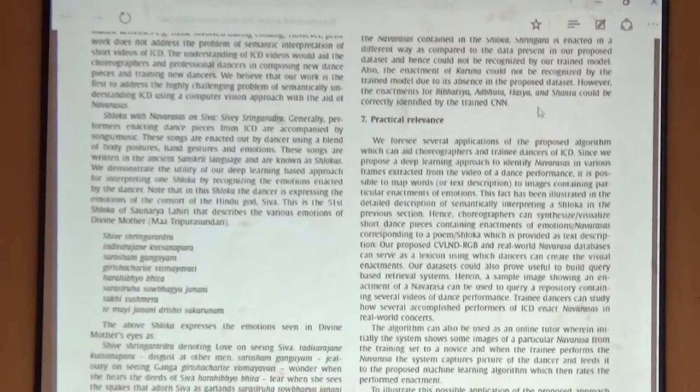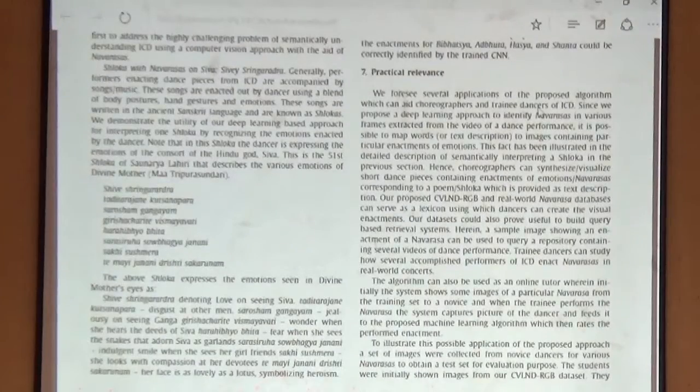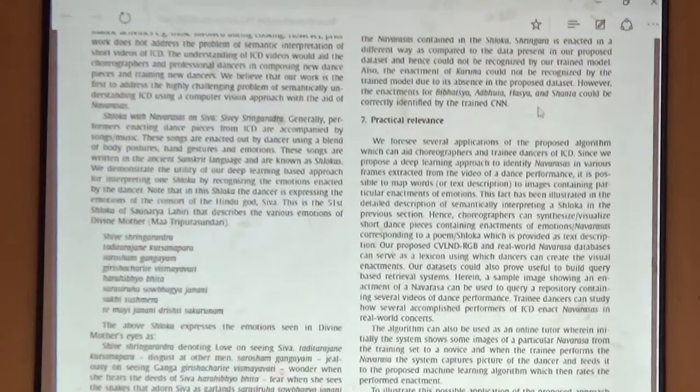So you can just see a little bit of the English translation, and you can just see where are the emotions. You can see this. You can see this. So these are translated into these kinds of emotions, which are there in our data set, and which can be identified by a trained network.